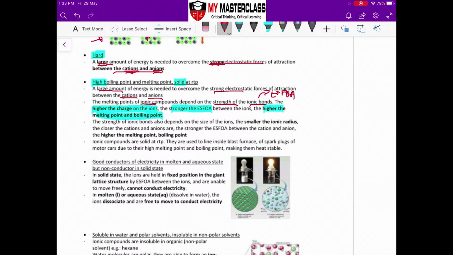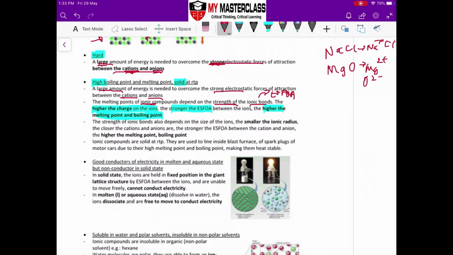So what does this mean? Essentially, if I have NaCl, which is an ionic compound, and for example, magnesium oxide, which is also an ionic compound. Sodium chloride is made from Na+ and Cl-, while my MgO is made from Mg2+ and O2-.